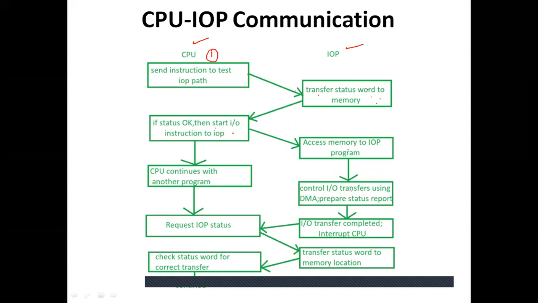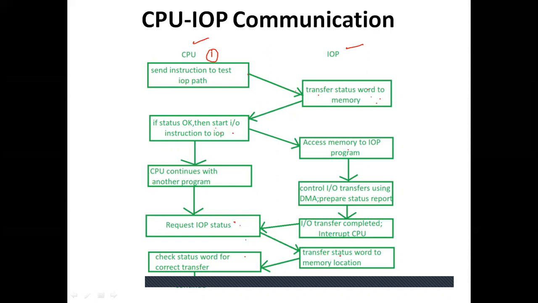The IOP prepares the status report, and once the transfer is completed, it has to interrupt the CPU to say my transfer has been done. So the CPU requests the IOP status. The transfer status goes to the memory location, and then the CPU checks the status for another communication. So this is how CPU to IOP communication is going to be done.